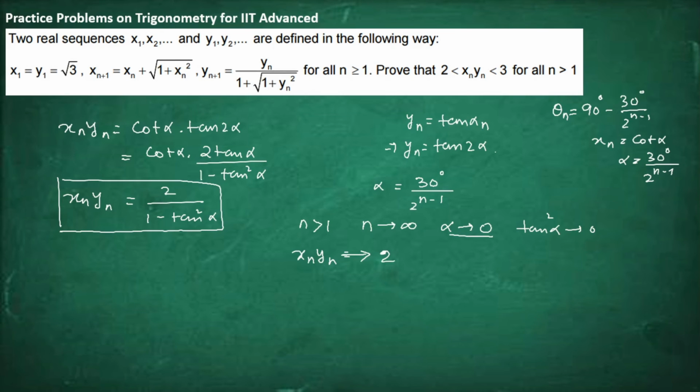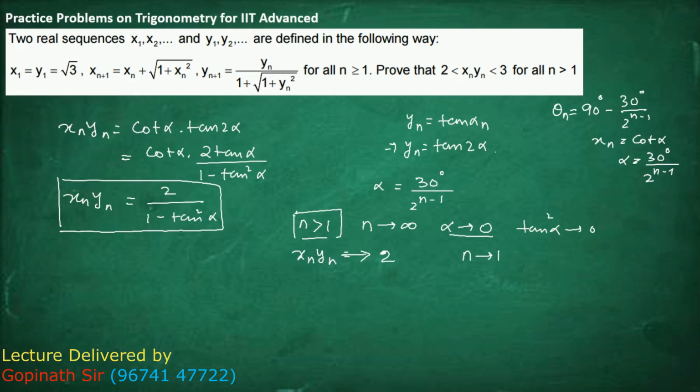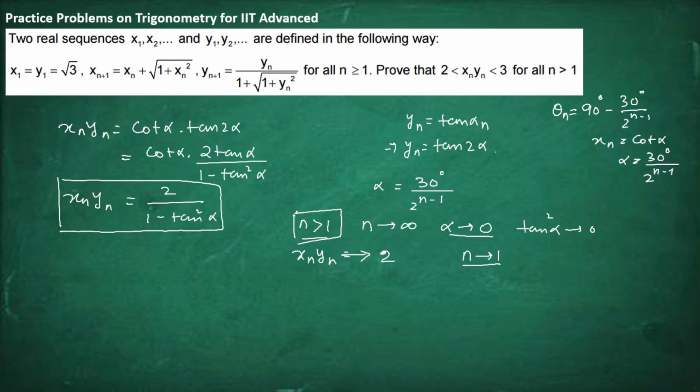Yes or no? Okay. Now, n is greater than 1. They have already said that n is greater than 1. Now, when n is approaching towards 1, then what happens for x and y? Tell me first.